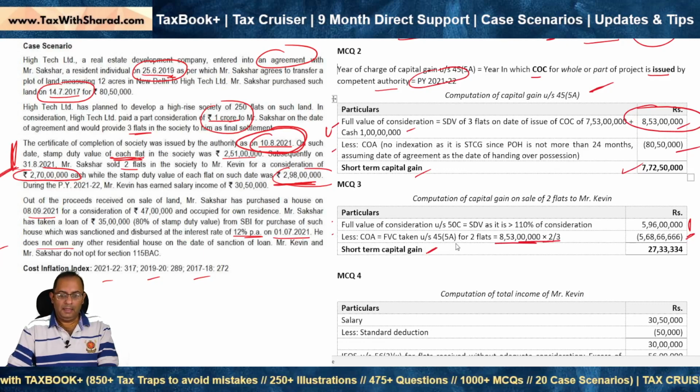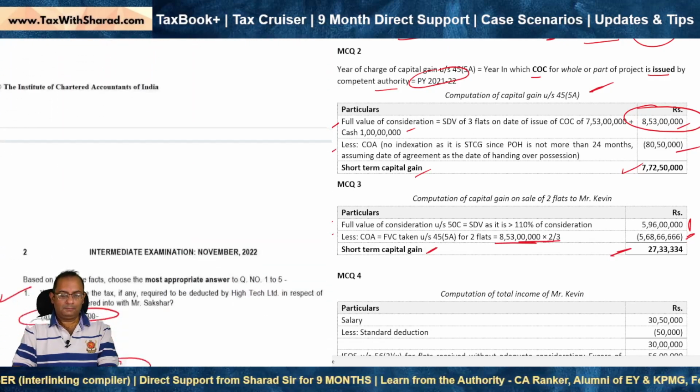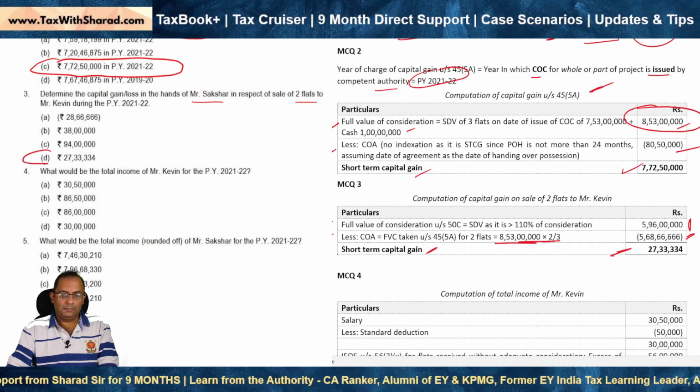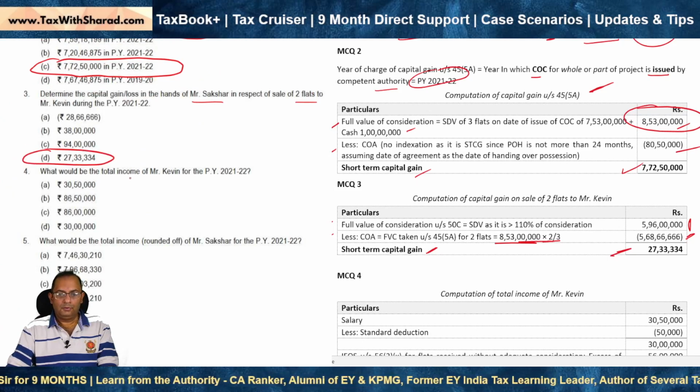So again, the period of holding doesn't exceed 24 months. So short-term capital gain, and this will be 2,733,334. So this will be the answer to this question: capital gain or loss in the hands of Mr. Sakshar in terms of section 49(7).